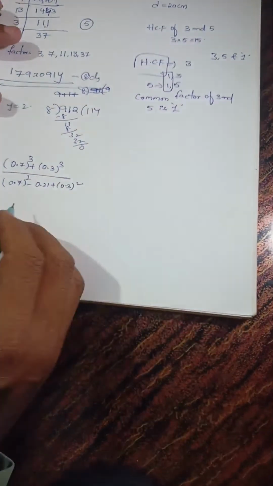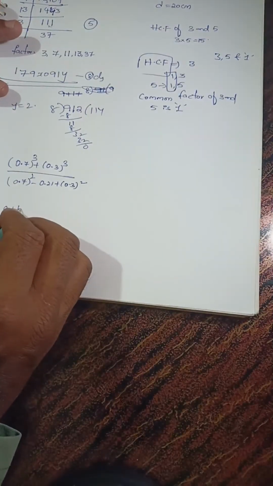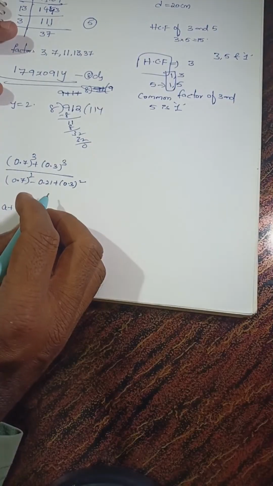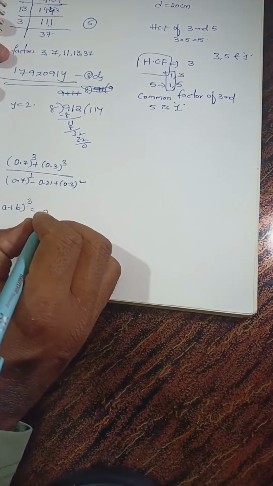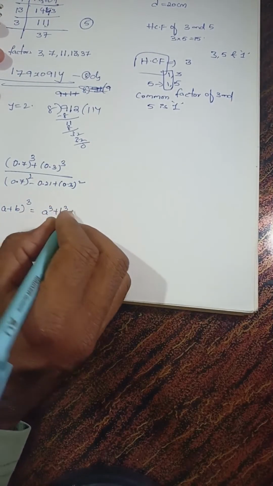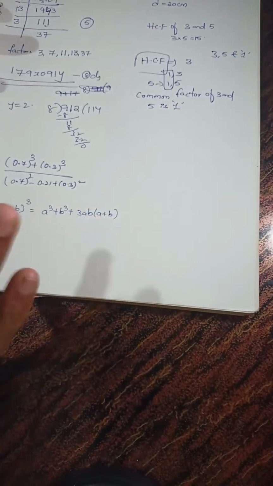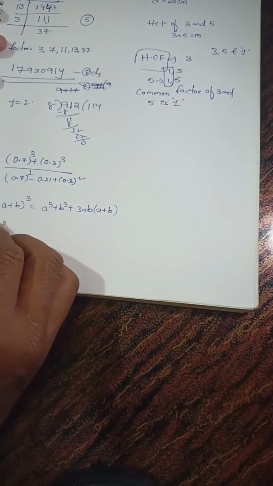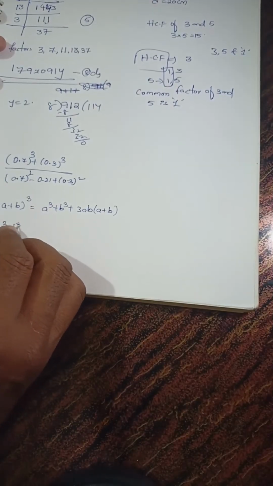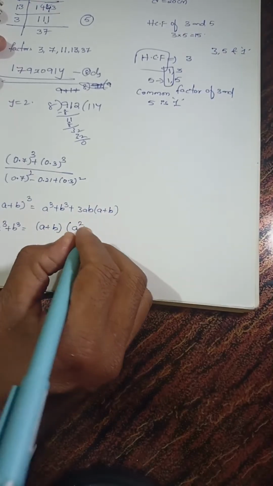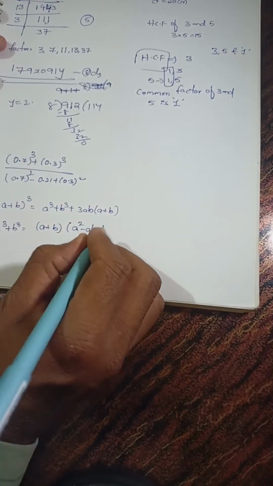Now I'm going to write the formula right here. The a plus b whole cube formula is a cube plus b cube plus 3ab into a plus b. For the addition problem, the a cube plus b cube formula is a plus b into a square minus ab plus b square.